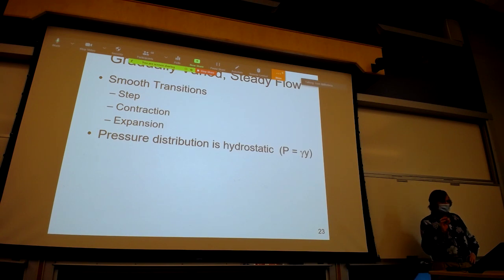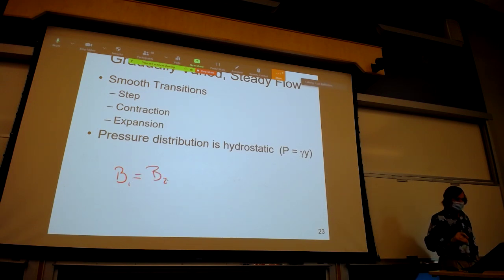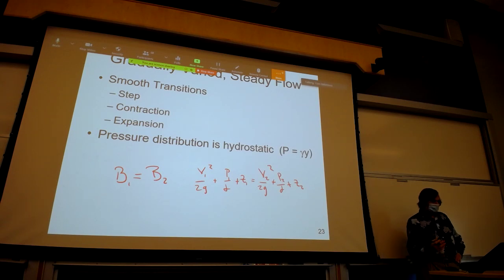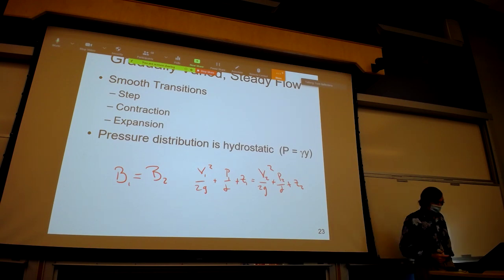When we have gradually varied steady flow, we also typically have hydrostatic pressure distribution. And so basically, when we use this, and let's just ignore the energy losses for now, with an energy balance, you're going from, say, upstream where you have a wide cross-section to downstream where it's contracted.